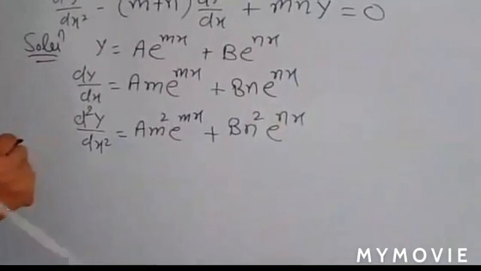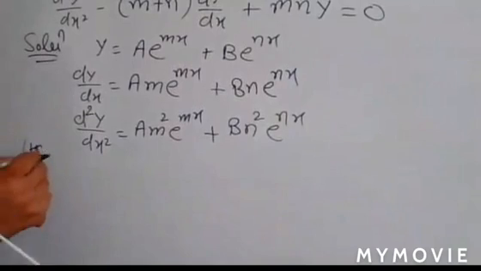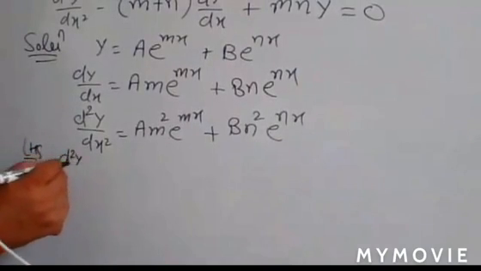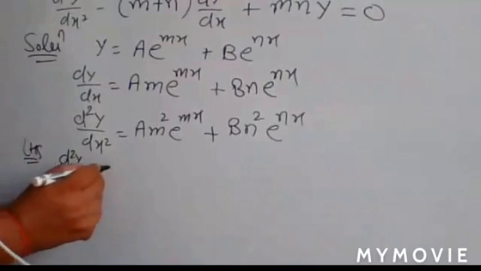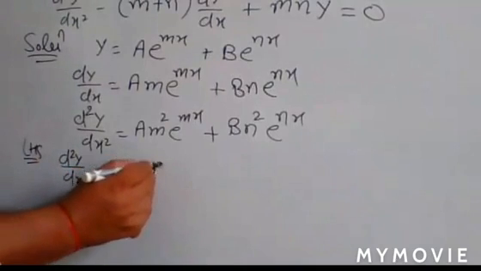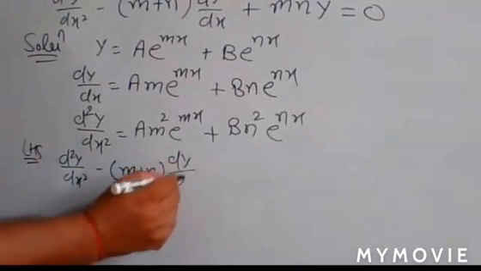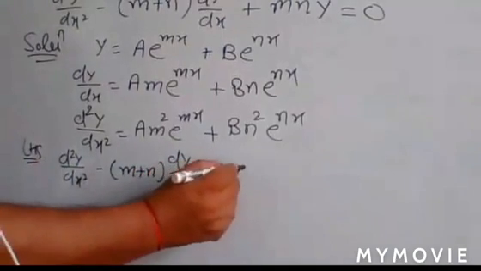So taking LHS, which is d2y by dx2 minus (m plus n) into dy by dx plus mny.